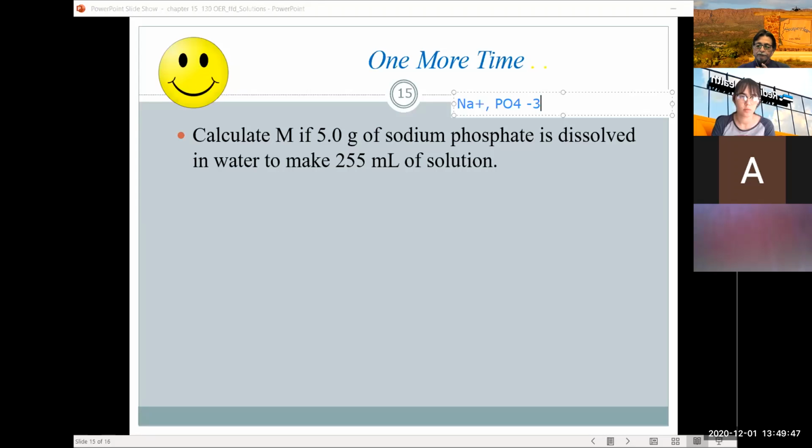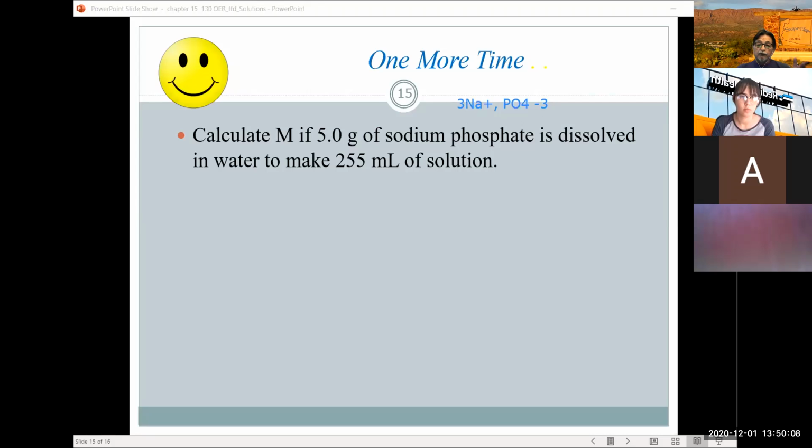That's the phosphate ion. So now I have to put them together to write the formula. You can see that I'm going to need 3 sodiums, so that 3 becomes the subscript for sodium. So I end up with Na3PO4.